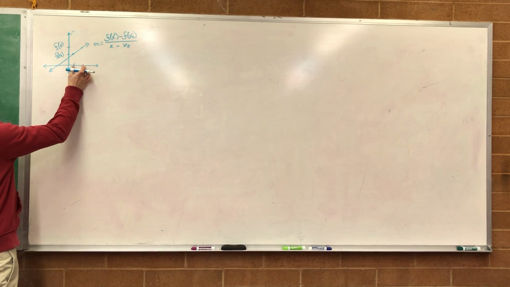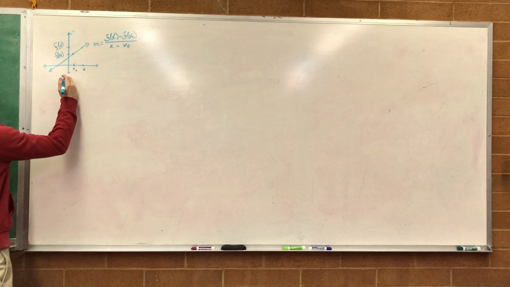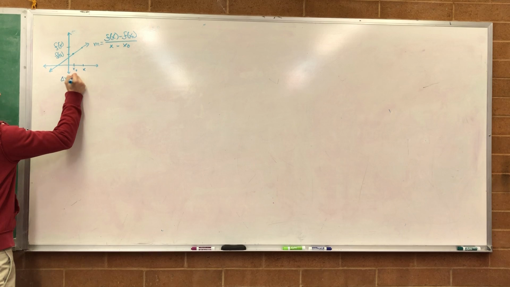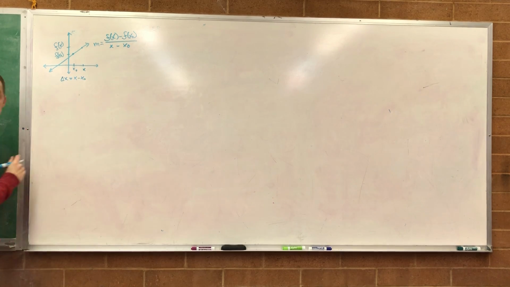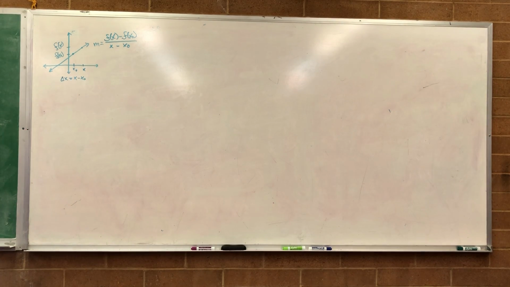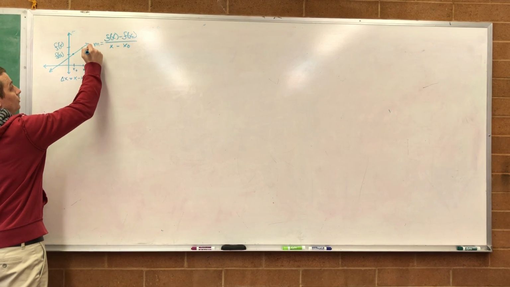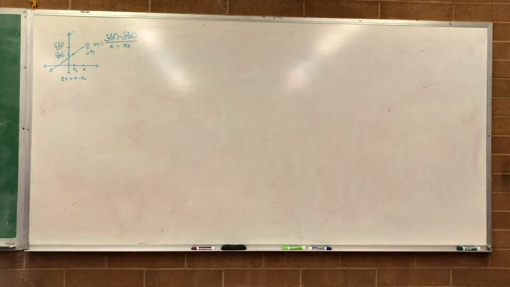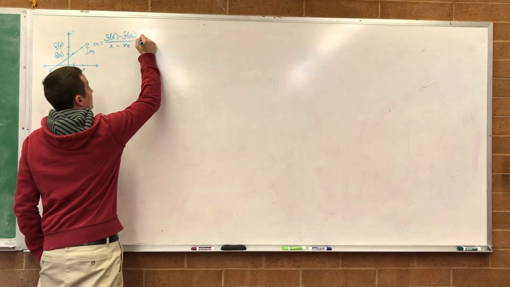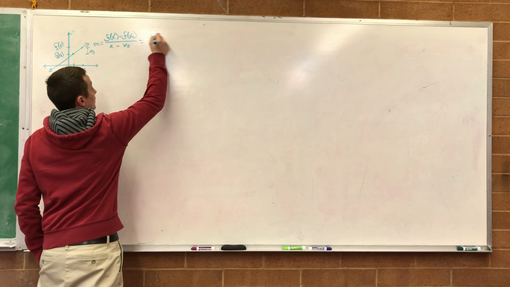So if we call delta x the distance between these 2 points, then delta x is equal to x minus x0, right? You with me? And we can also call the distance between these 2 points delta y. So I could also represent this as delta y over delta x.